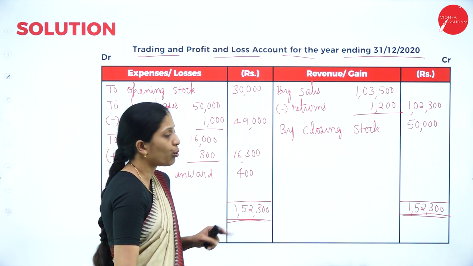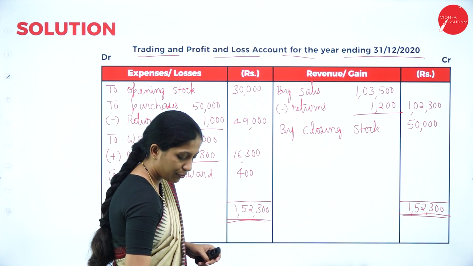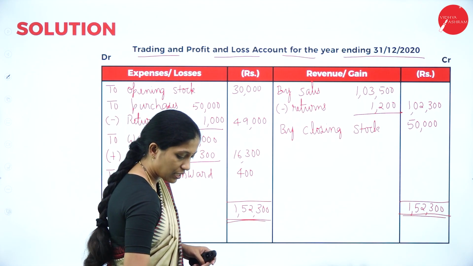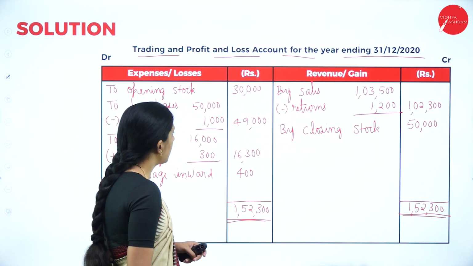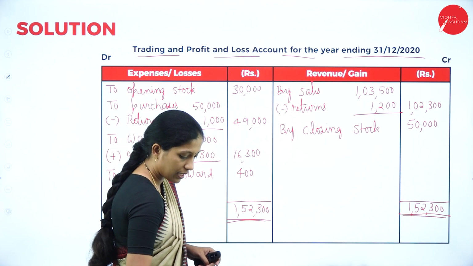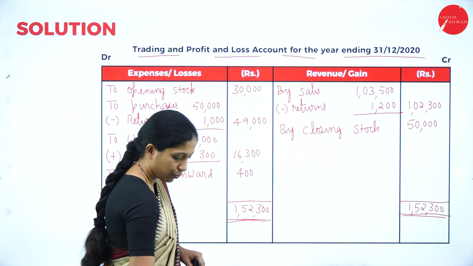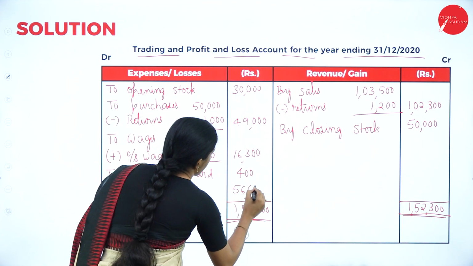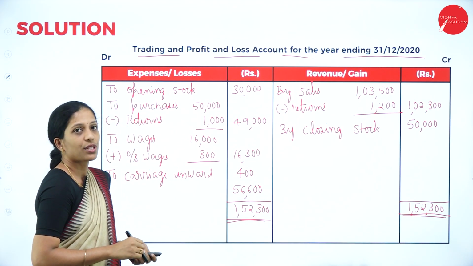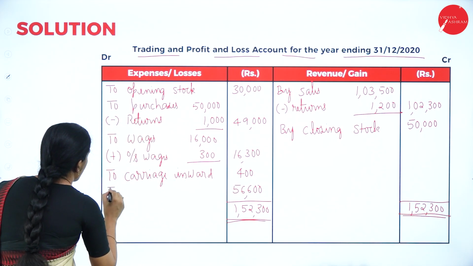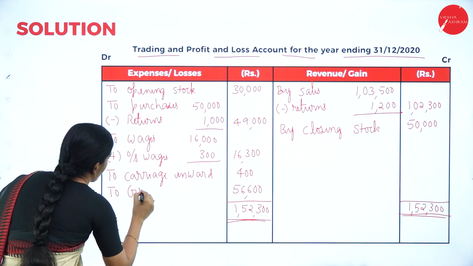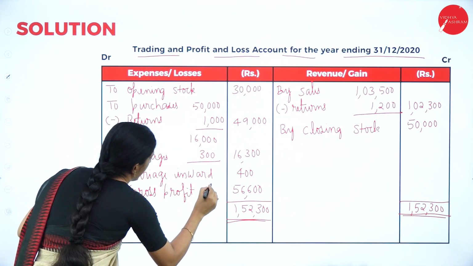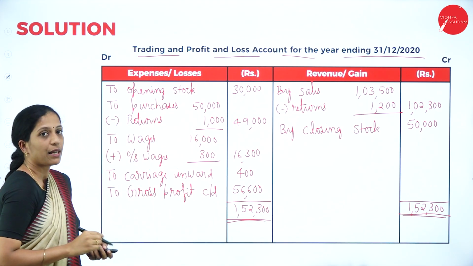So 1,52,300 minus 30,000 minus 49,000 minus 16,300 minus 400. So it will be 56,600. To gross profit carried down. So this would be the balancing figure.